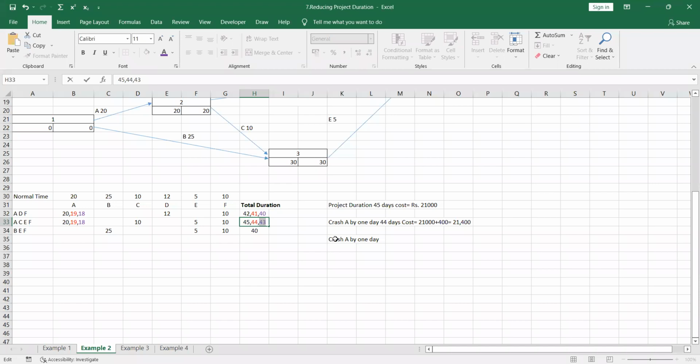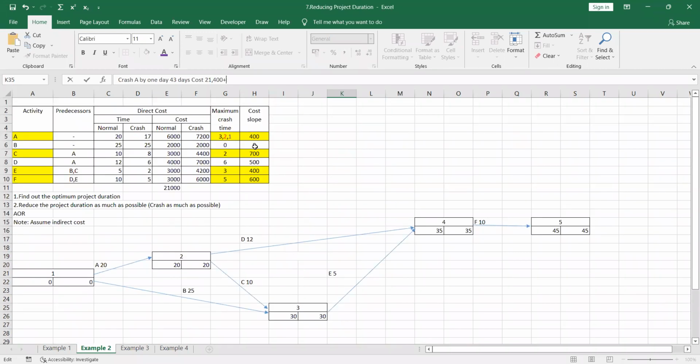So when we are crashing activity A by 1 day, what is the critical path you are getting? Duration is 43. Still the critical path is ACEF. So the duration is 43 and the cost for the previous one is 21,400, and for that 21,400 you have to add this cost slope of 400 for the A activity.